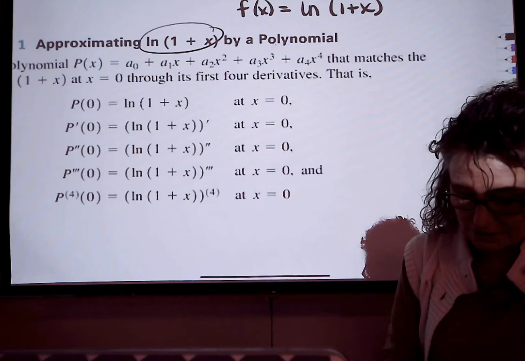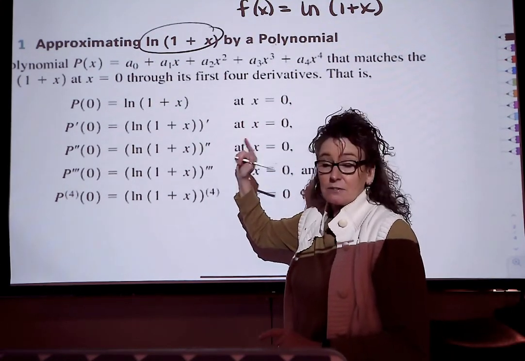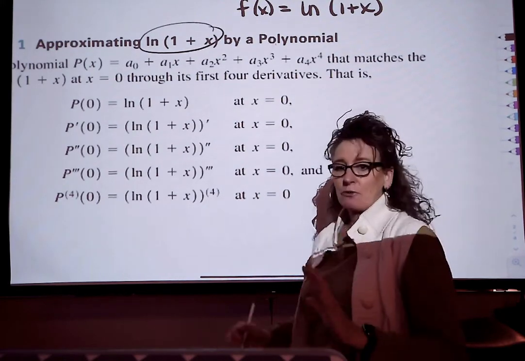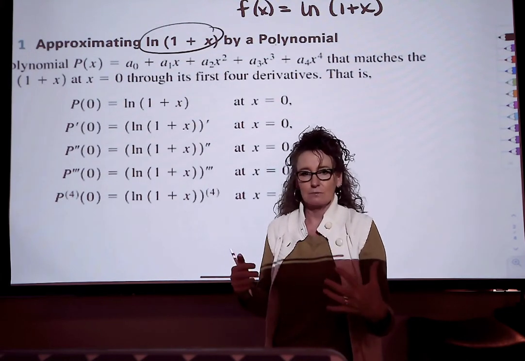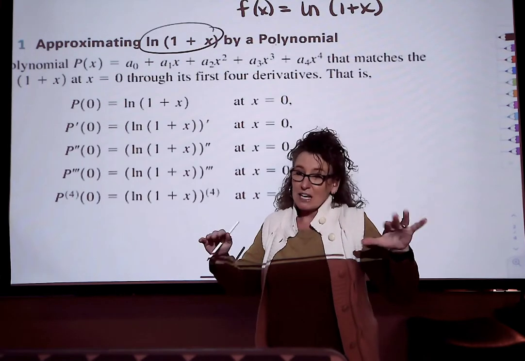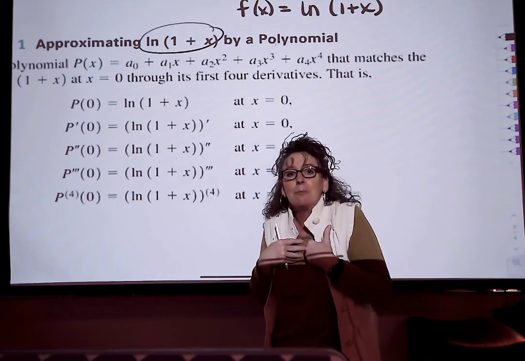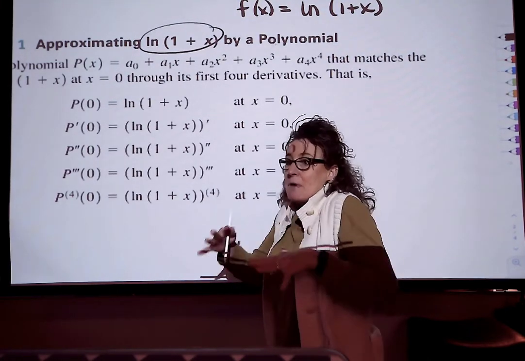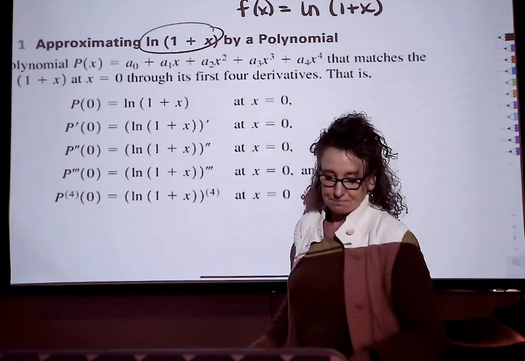And it's saying create a polynomial that mimics this function. We're doing this at 0. So if you recall back from section 10.1, this is going to be centered at 0. And we're going to take it out kind of far. We're going to take it out to the fourth derivative so that our polynomial, if I graphed it on my graphing calculator, would kind of mimic that function out away from 0.